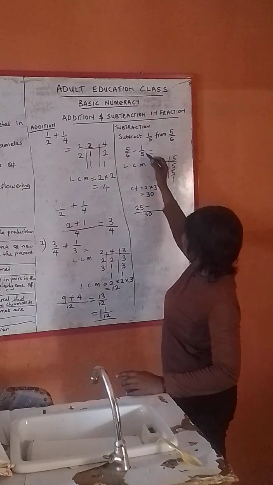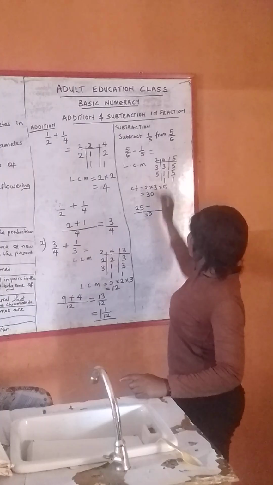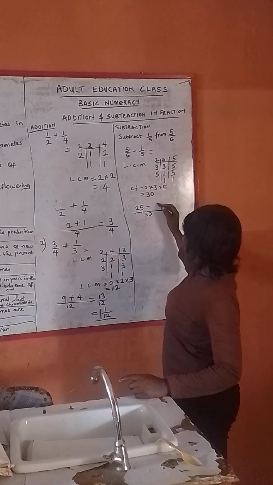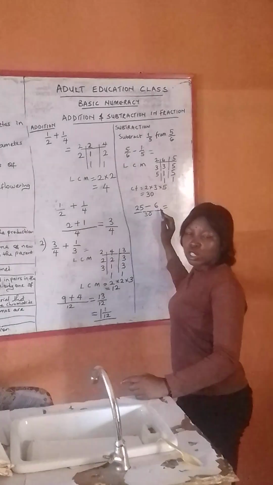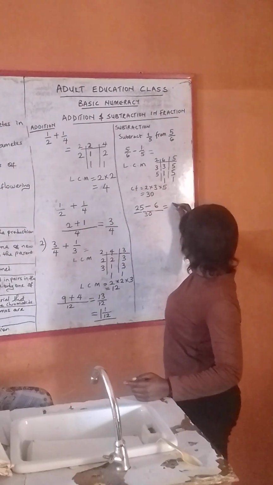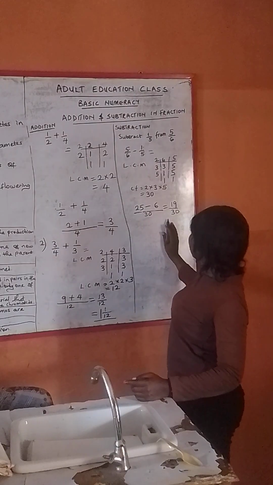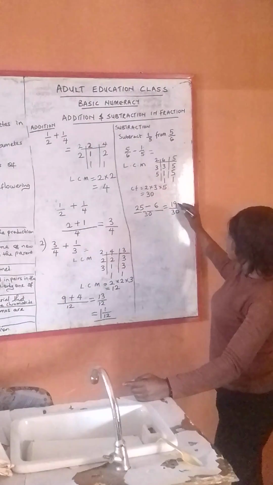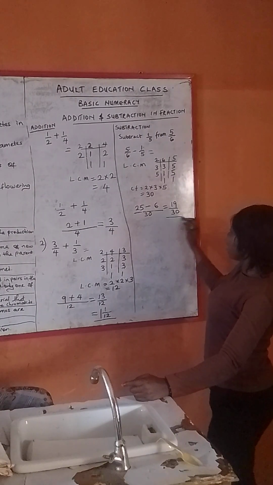Minus, how many times can 5 divide 30? 6 times. 6 multiplied by 1 here is 6. So, 25 minus 6 is going to be 19 over 30. You can see that we cannot divide again because 19 is a prime number.